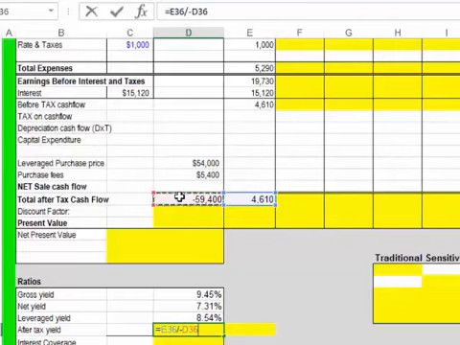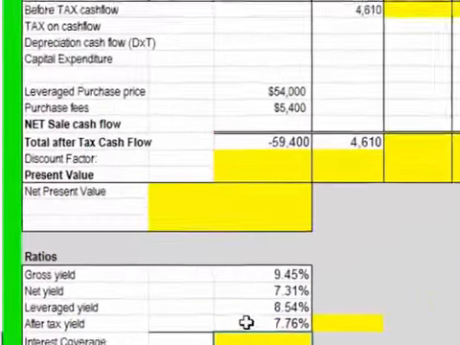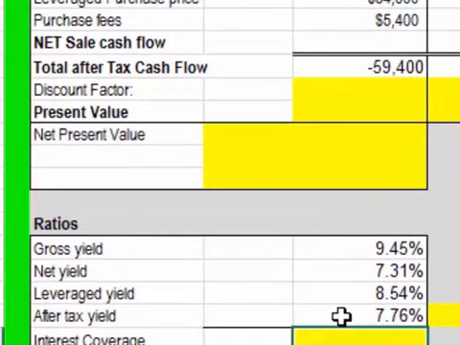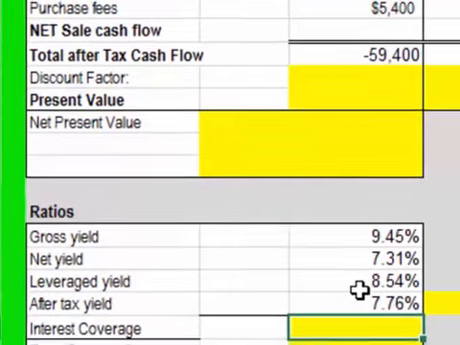So we'll divide by D36, and that gives us 7.76%. And so we can see that the after-tax yield is a little bit lower than the leveraged yield. In certain circumstances, the after-tax yield can actually be better than the leverage yield. And that little bit of magic we'll keep for another time.